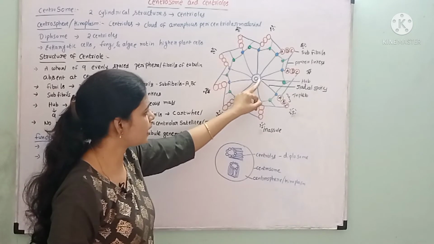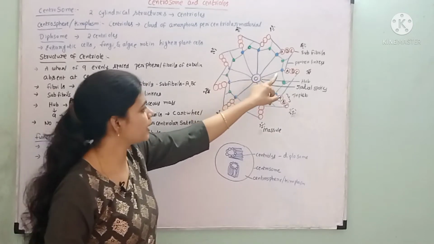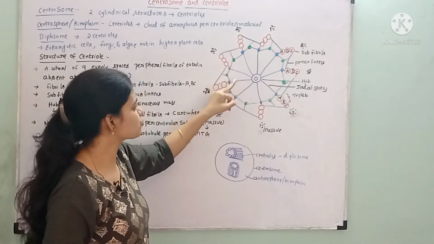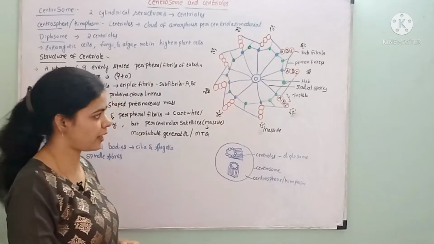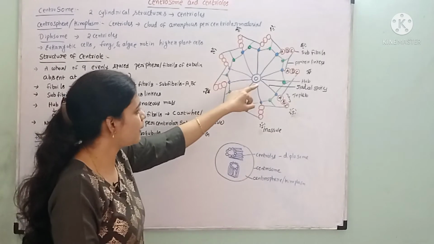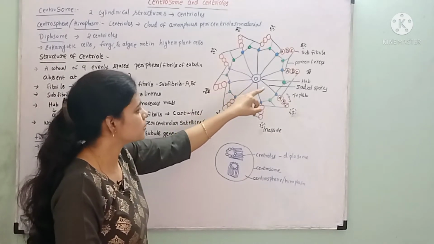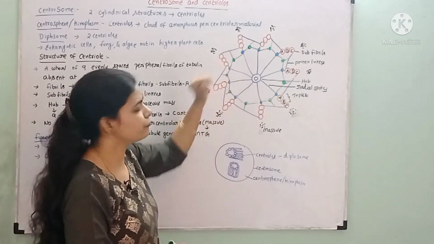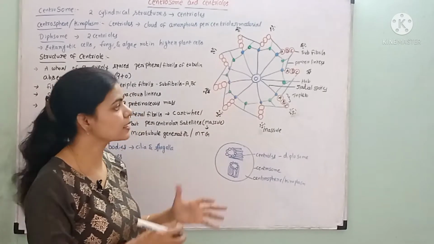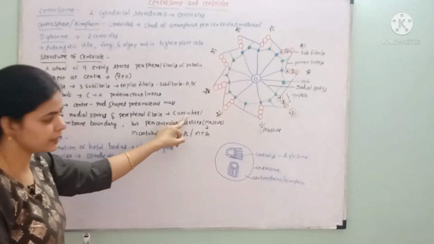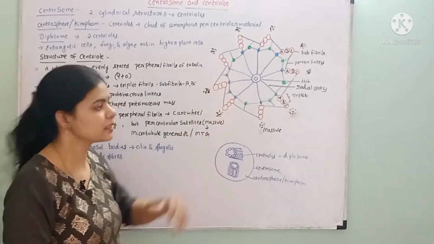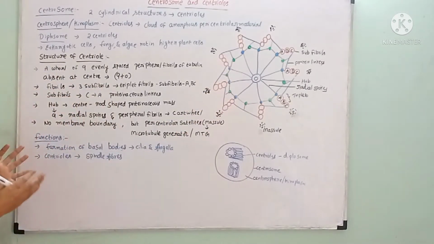This is the hub, right? From this hub 9 spokes arise, which are connected to the peripheral fibrils. This hub along with these radial spokes and the peripheral fibrils gives a cartwheel appearance. What is the appearance here? Cartwheel appearance.